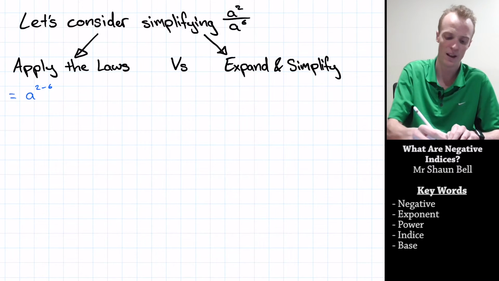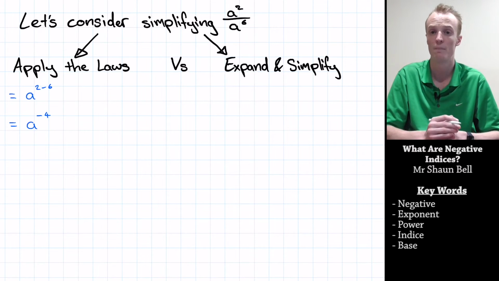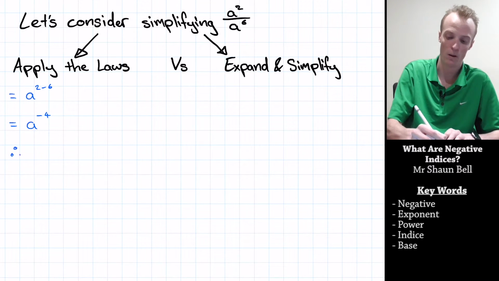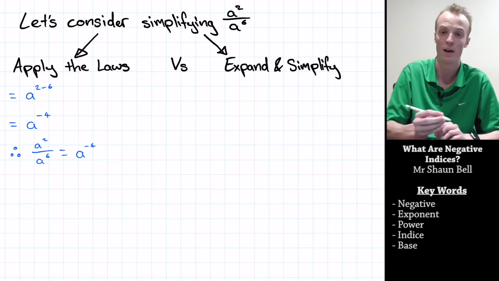So when we solve that, that's going to be equal to a, keeping the same base, but raised to the negative index of 4. So therefore, a to the second power over a to the sixth power, by using our laws, is equal to a to the negative fourth power.